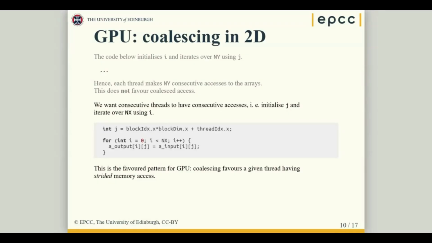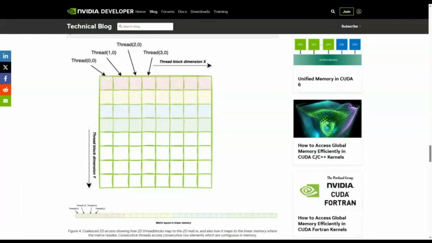This article explains the representation of the matrix in 2D, but in memory it is linear.